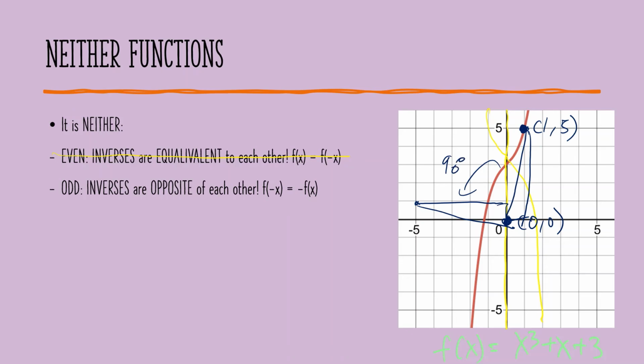That's 90 degrees. And we're going to do another 90 degrees to make one full 180 degree rotation. Right? And notice how our point is not on the function. When it's not on the function, it is not an odd function. When it's neither even nor odd, it's a neither function.